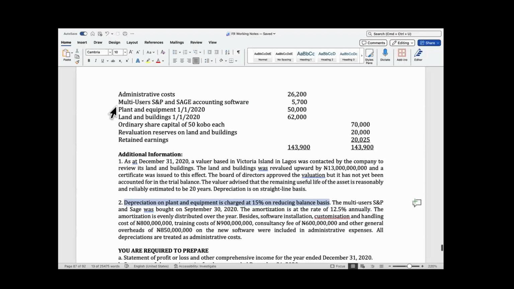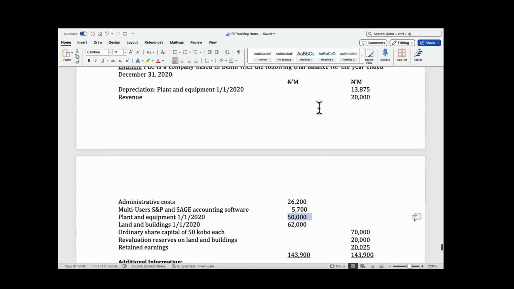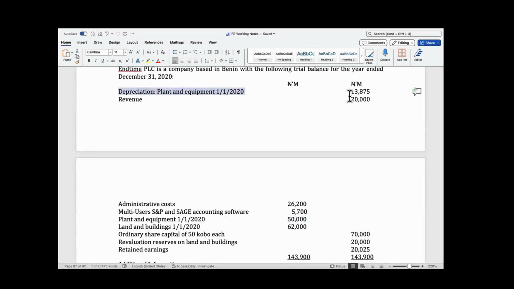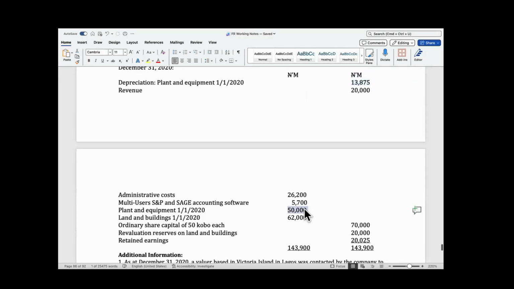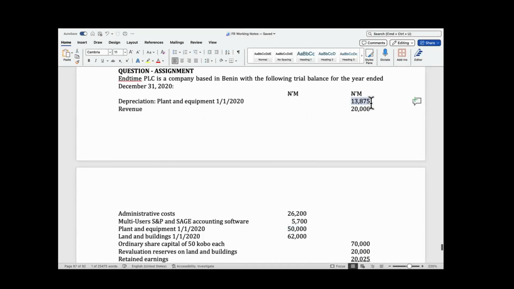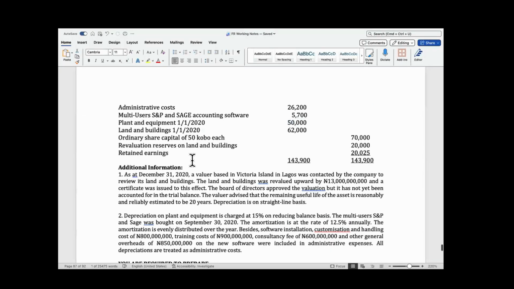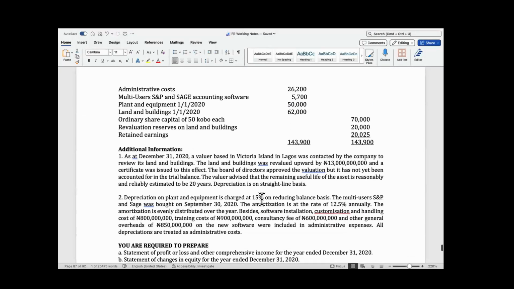So we have a plant and equipment cost of 50,000. There is accumulated depreciation on the plant and equipment of this amount. So we need to calculate the carrying amount by doing 50 minus 13,875. Then whatever I get, I apply 15% on it.